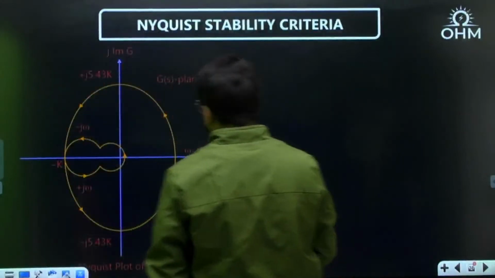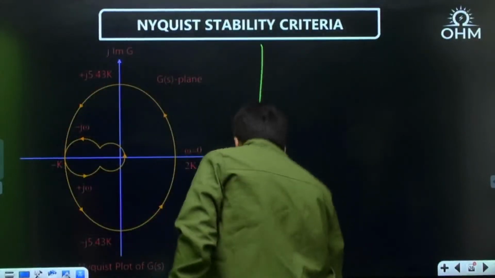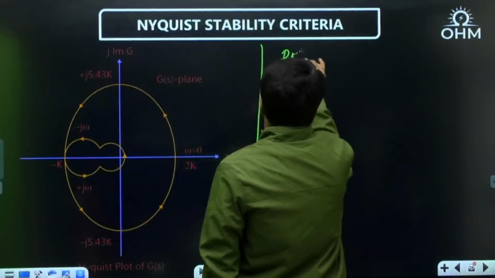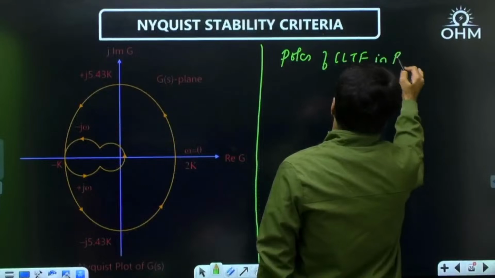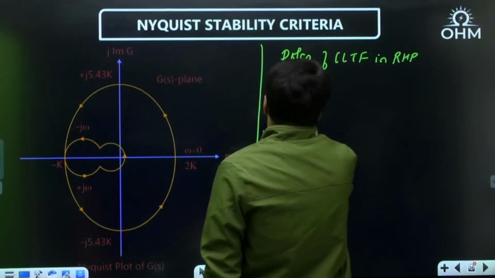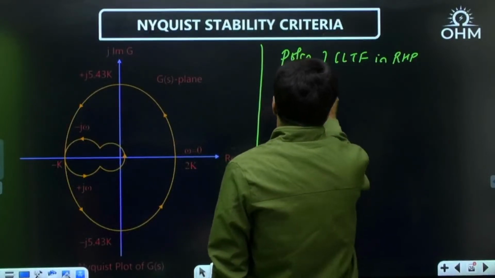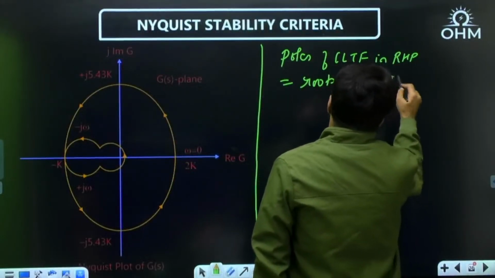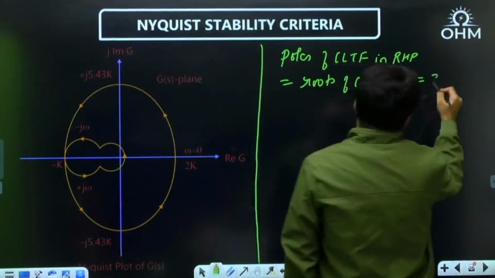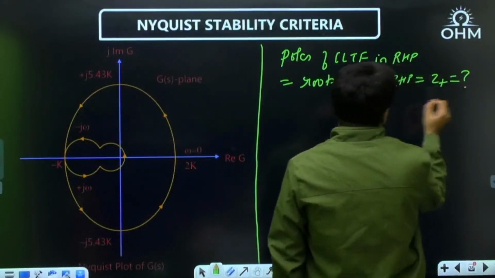The question is asking me poles of the closed loop transfer function in RHP, which means roots of the characteristic equation in RHP. What are the roots of the characteristic equation in RHP? That is Z plus for me.